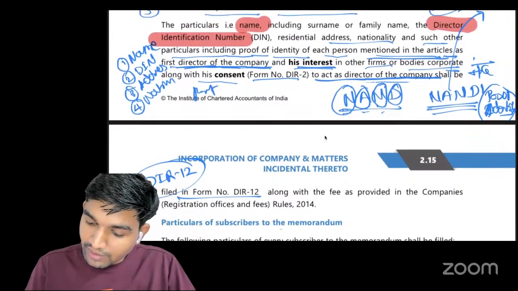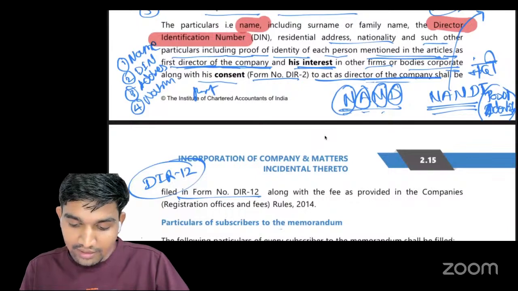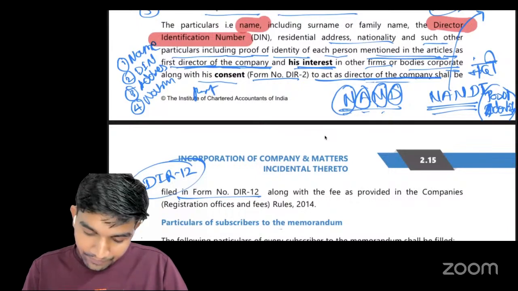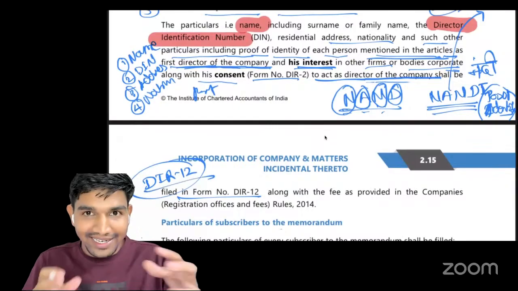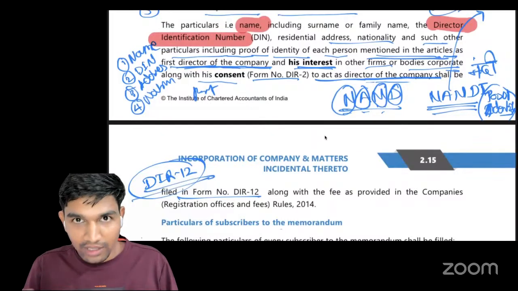So it's for Nandi. He also has to disclose his interest in other firms or body corporates. So in form number DIR2 is the consent to act as a director of the company.